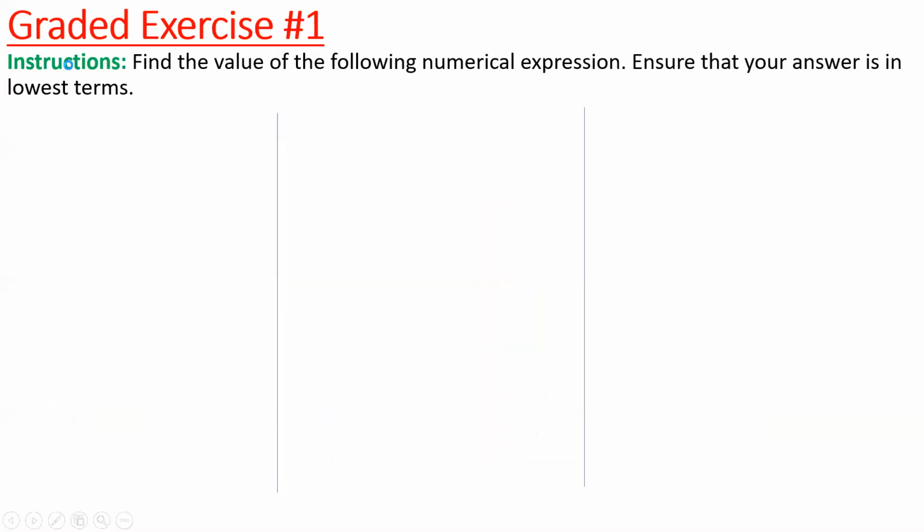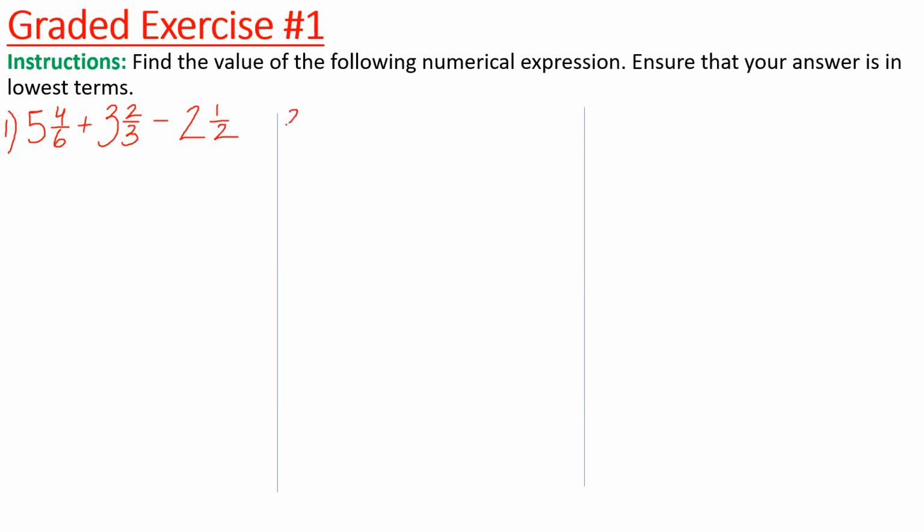So for the first one, let's call this number 1. Let's say that we have 5 and 4 over 6, plus 3 and 2 over 3, minus 2 and a half.